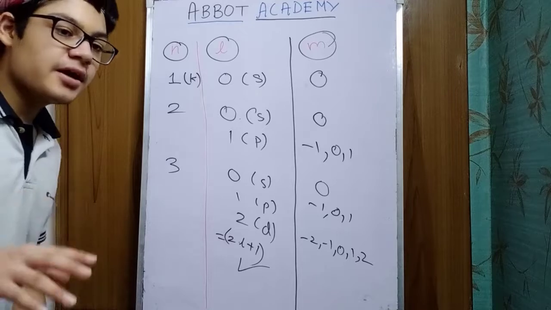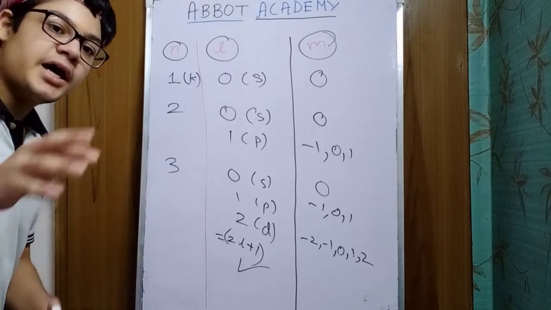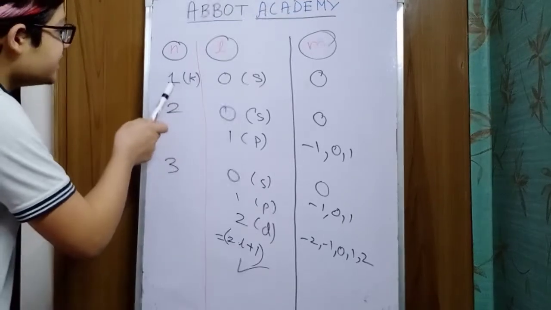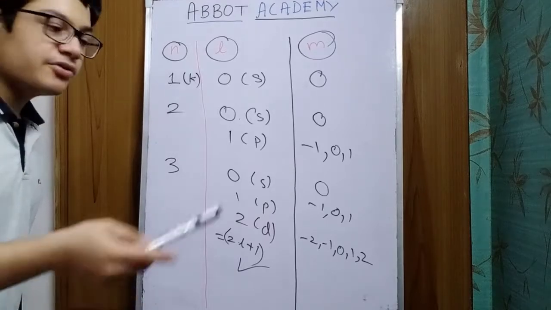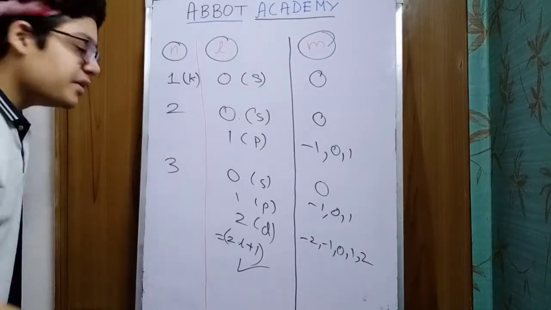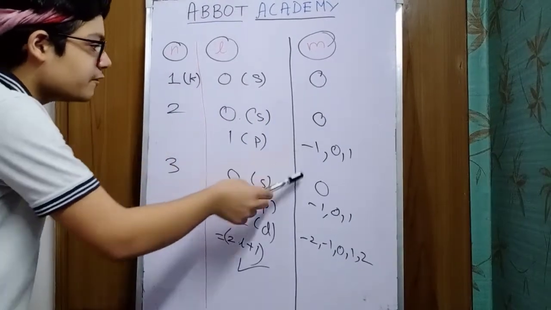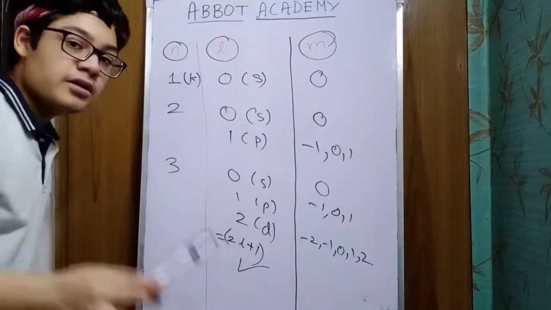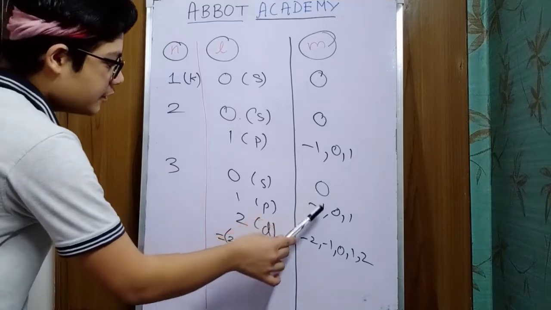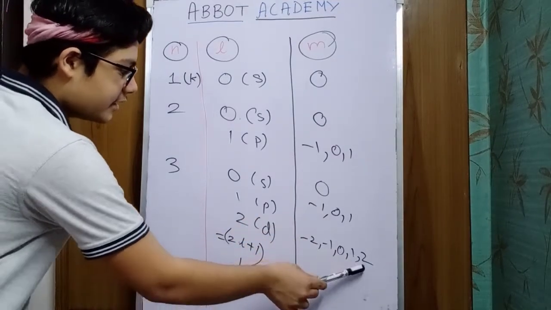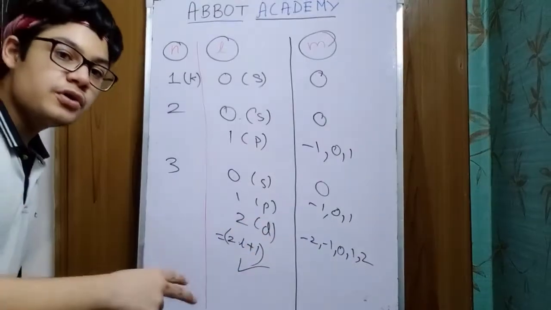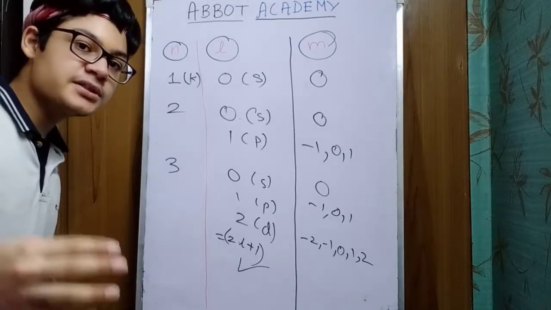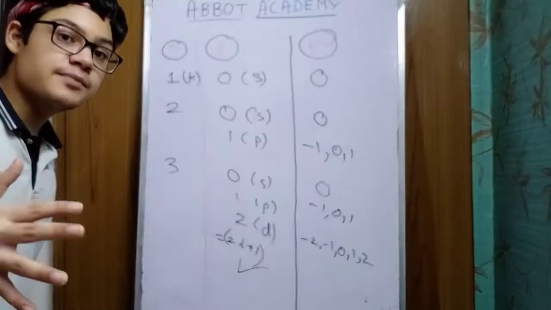Now let us see the relation between orbitals and the shell. Now we can see that when there is only one shell, there is only one orbital. When there are 2 shells, there are 4 orbitals. When the shell number is 3, there are 9 orbitals. You can count it: 1, 2, 3, 4, 5, 6, 7, 8, 9. So for n equal to 2 there are 4 orbitals, and for n equal to 3 there are 9 orbitals.